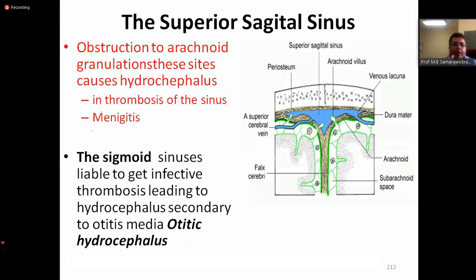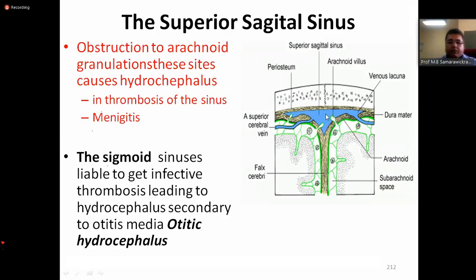Right. And considering the venous system of the intracranial or the cranial cavity, you should know the venous sinuses. Out of these, the superior sagittal sinus and sigmoid sinus are considered clinically important, because most of the clinical problems occur in these 2 sinuses. And importantly, in the superior sagittal sinus, you can see the arachnoid villi, and these are the sites where cerebrospinal fluid enters the circulation.